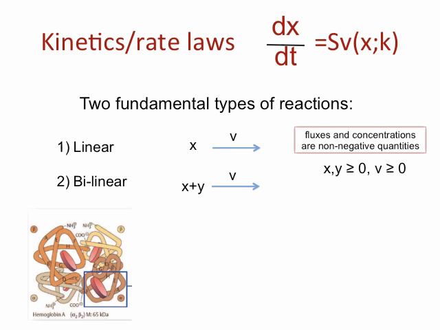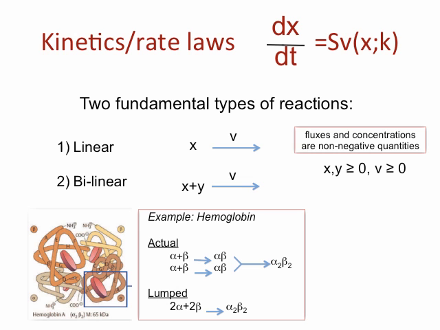Let me give you an example of a series of reactions. This is hemoglobin. Hemoglobin is a tetramer comprised of 2 alpha chains and 2 beta chains. The way it is assembled is shown with this reaction schema inside the red box.